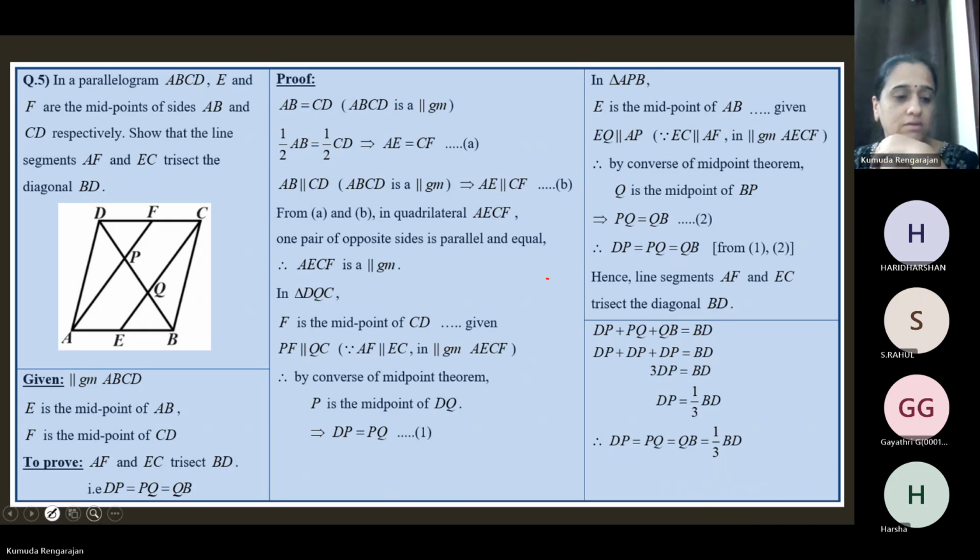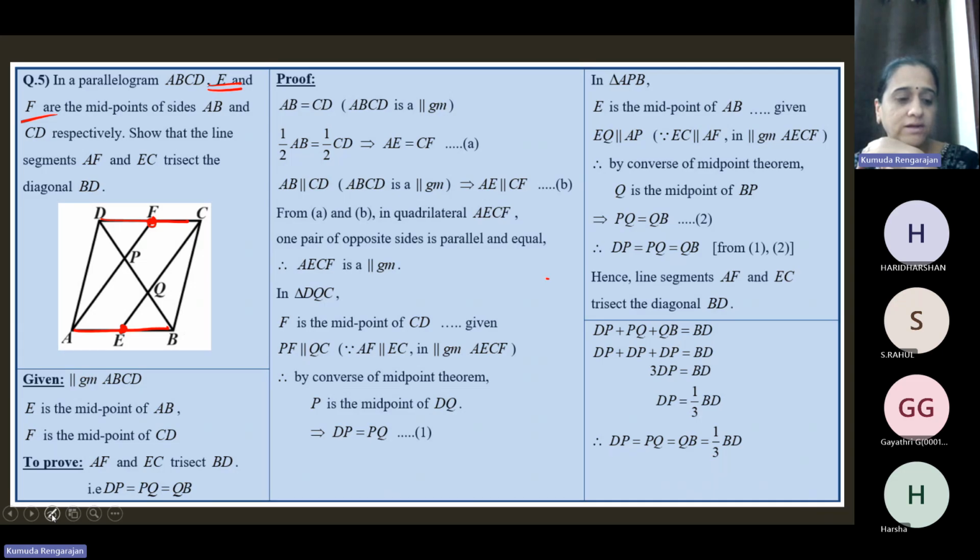Okay. So here, it's given that E and F are the midpoints. ABCD, the outer one, is a parallelogram. E and F are the midpoints of AB and CD.